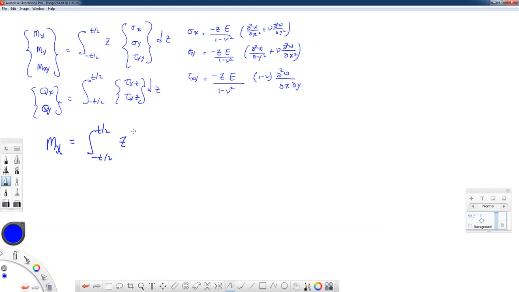Now I already have a z in here, so it's going to be a minus z squared E over 1 minus nu squared, second partial of w with respect to x, plus nu second partial of w with respect to y. And then we have the dz. Some things do not depend on z. In fact, the only thing that does depend on z is the z term. So let's bring all this other stuff out in front.